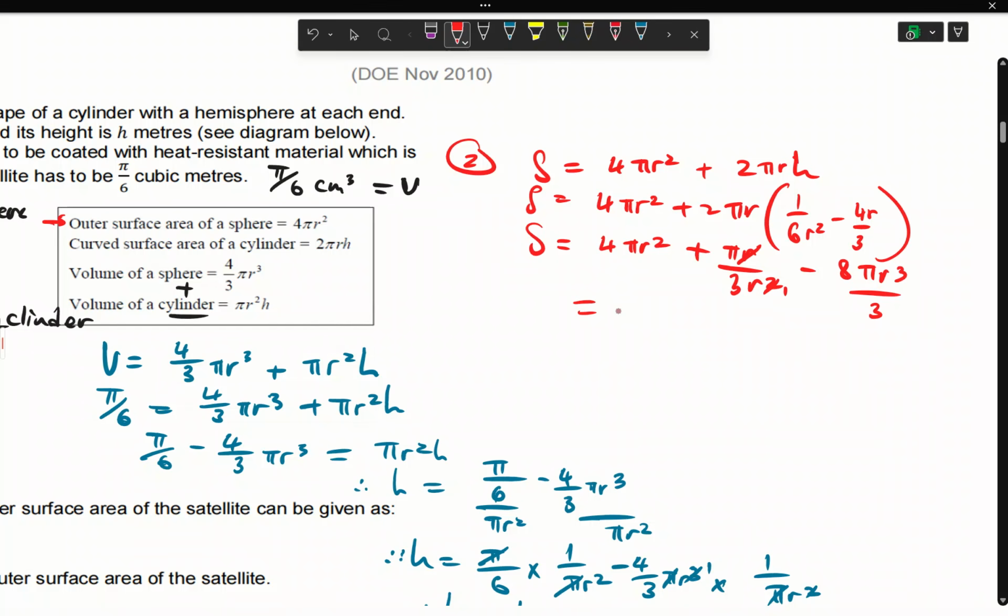So now you have 4 pi r squared plus pi all over 3r minus 8 pi r cubed all over 3 there. So now we can write this in standard form, or we can start with this part, and then you'll say negative 8 pi r cubed.